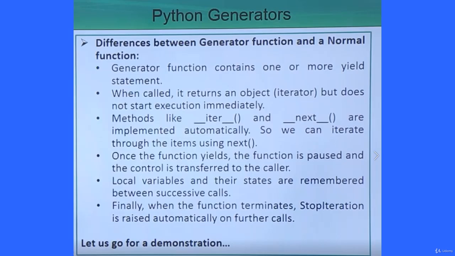There is a __next__ method, and we can directly use this next function. Once the function yields, the function is paused and the control is transferred to the caller. Local variables and their states are remembered between successive calls. Finally, when the function terminates, StopIteration is raised automatically on further calling.